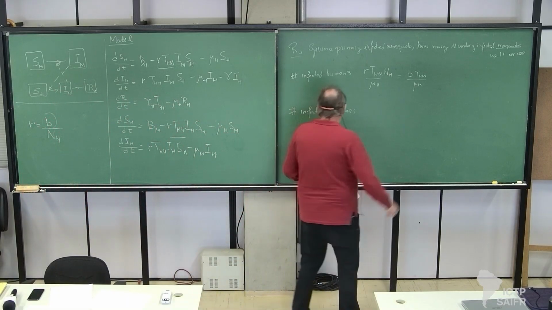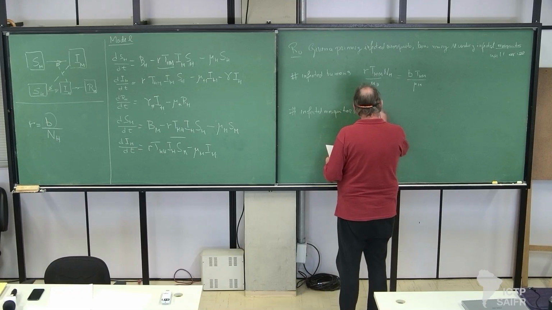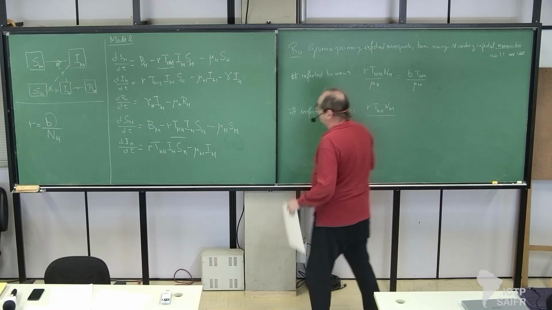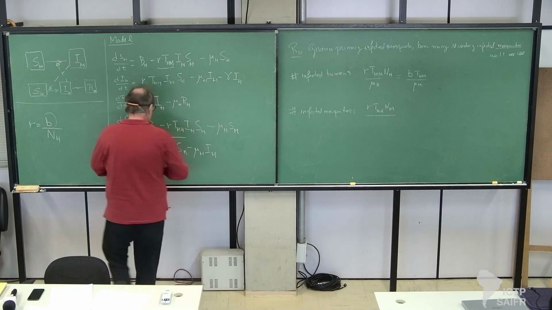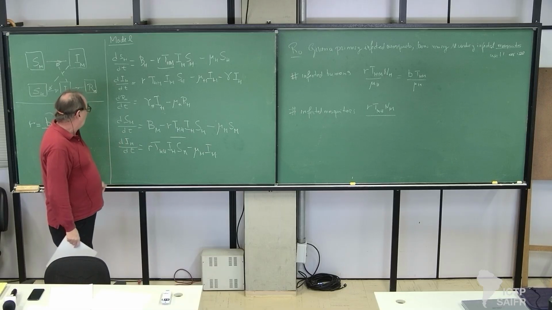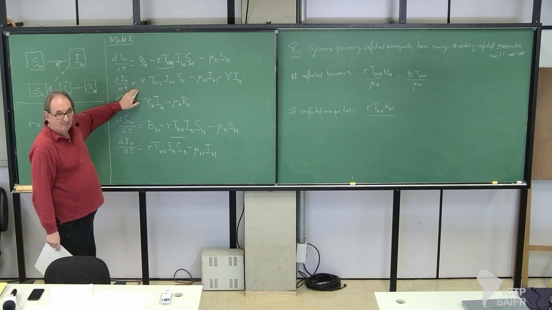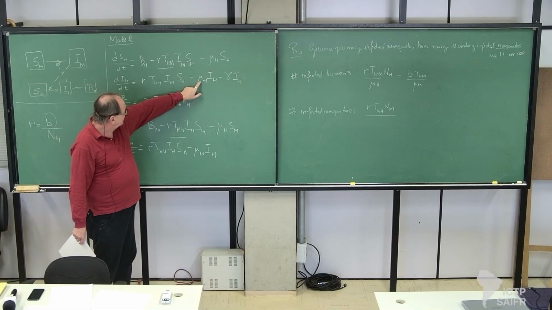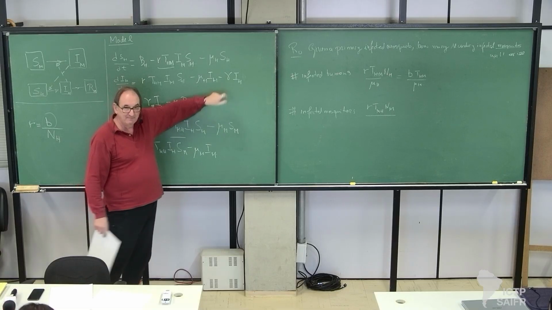So this will be R T-M-H times the total number of mosquitoes, divided by the time a human stays in the infected compartment, which is 1 over mu plus gamma.